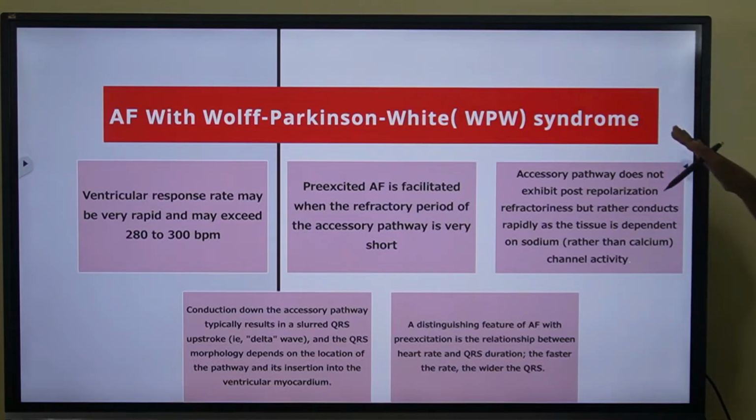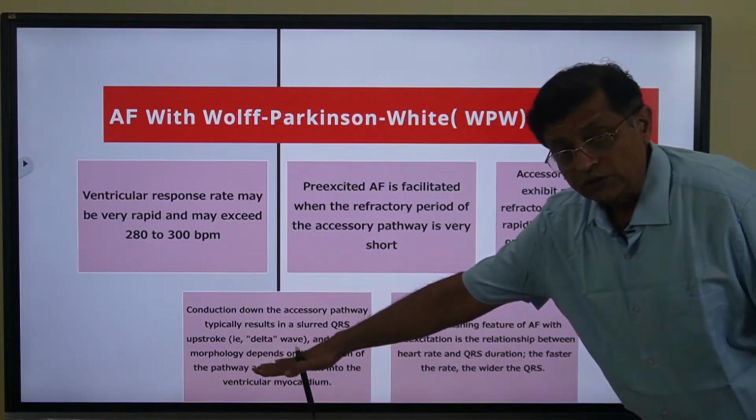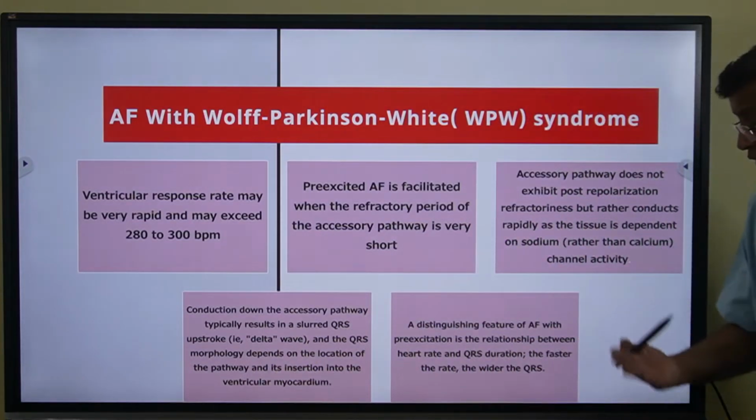Here in the accessory pathway, the depolarization is due to fast sodium current. So the accessory pathway will conduct the current very fast to the ventricle, resulting in what is called a delta wave and fast ventricular rates.